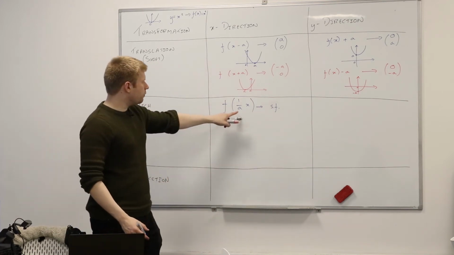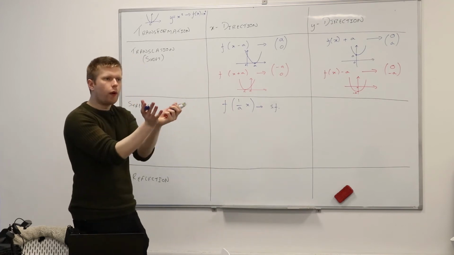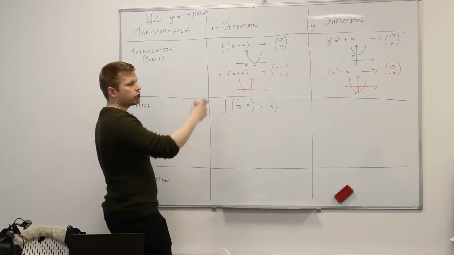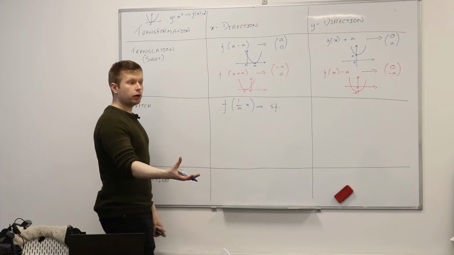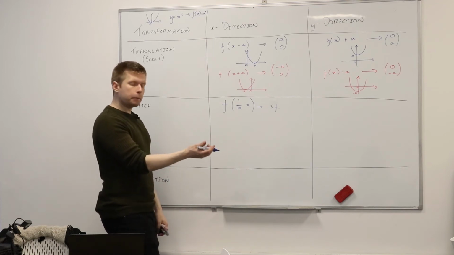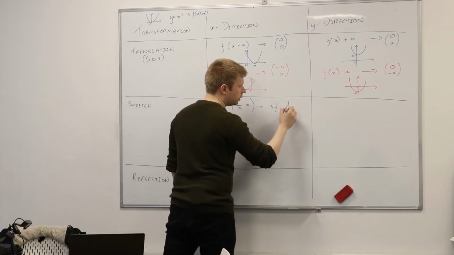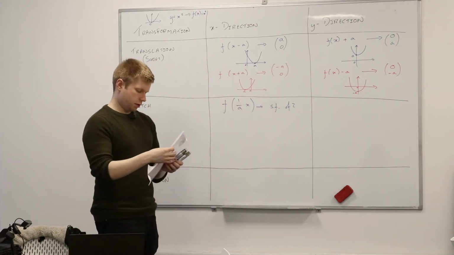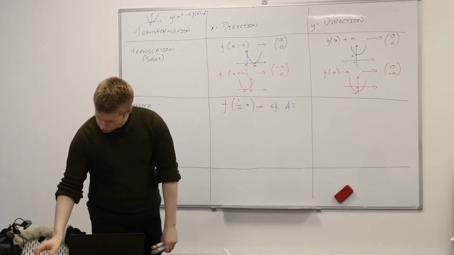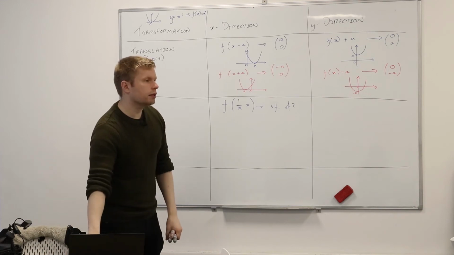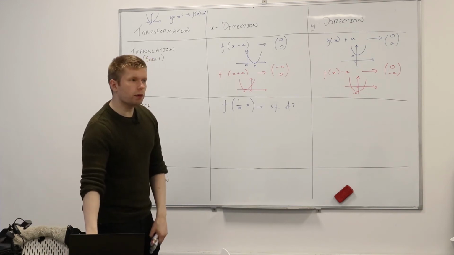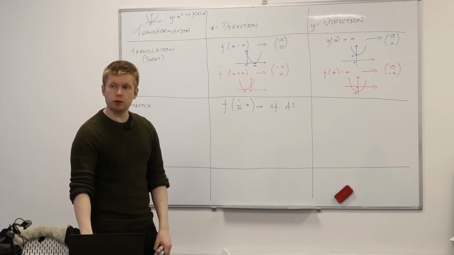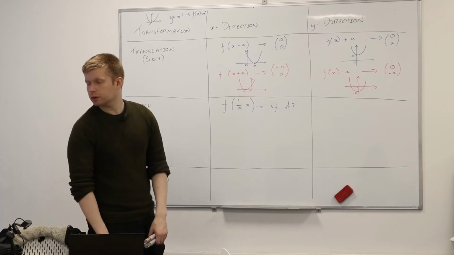For example, if I had a half of x all squared, you think, okay, in the x direction by a scale factor of a half, because you see the half there. But it's not. It's a scale factor of 2, and you saw that on this graph here. You thought it should be half in the x direction, but it was 2 in the x direction. Do you see that?